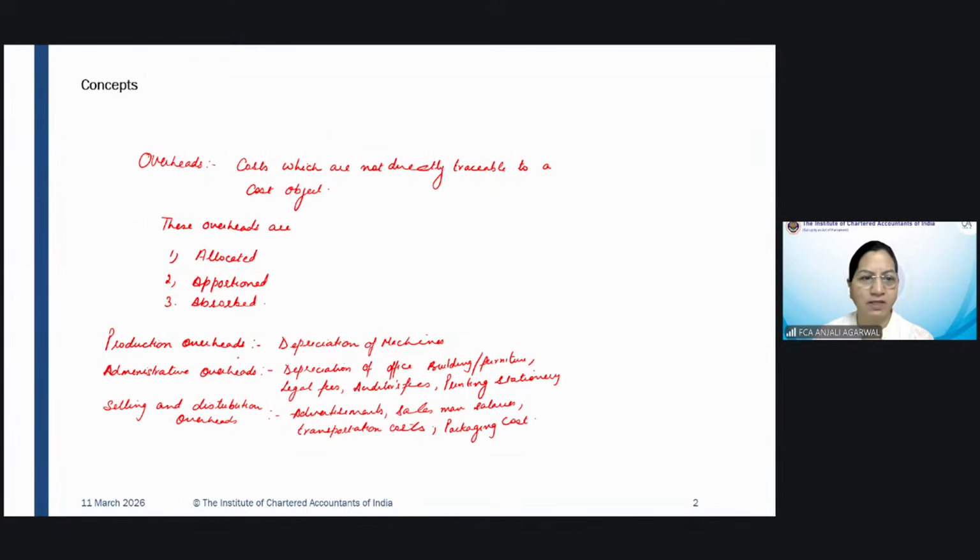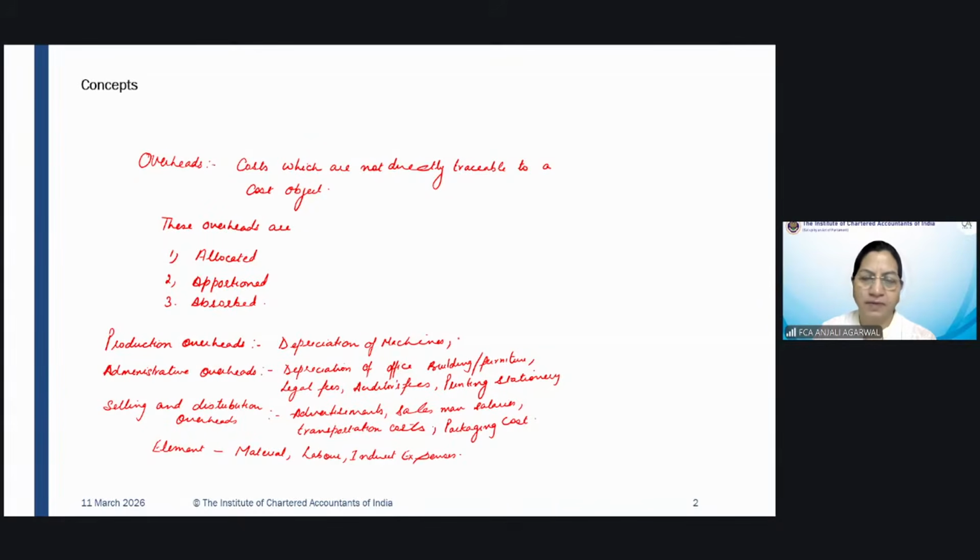Another way of classifying the overheads is also on the basis of elements like material, labor, or indirect expenses. So in production overheads, depreciation of machines is an indirect expense.